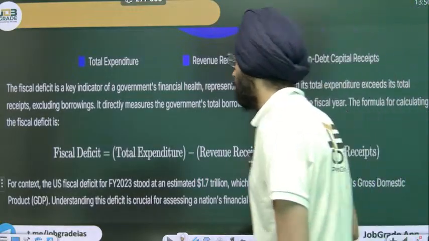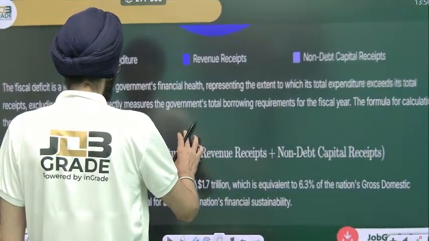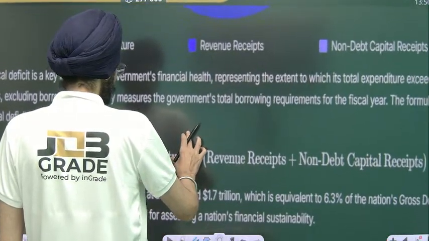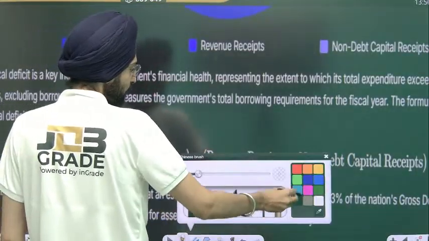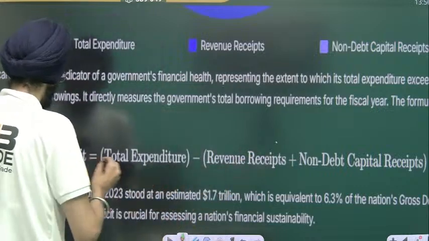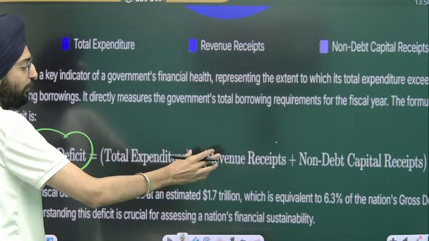So we have just talked about fiscal deficit. When we talk about the fiscal deficit, it's nothing but total expenditure minus total receipts.